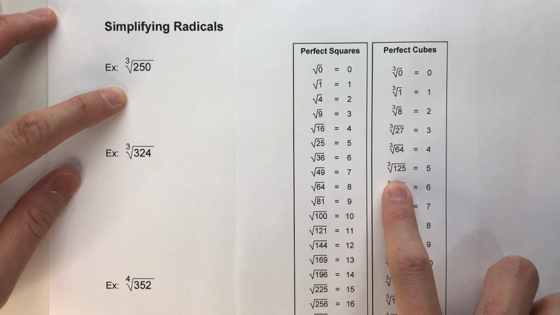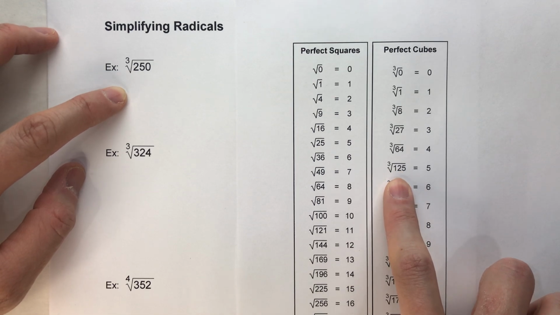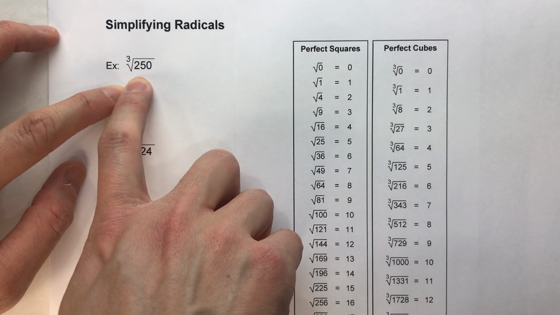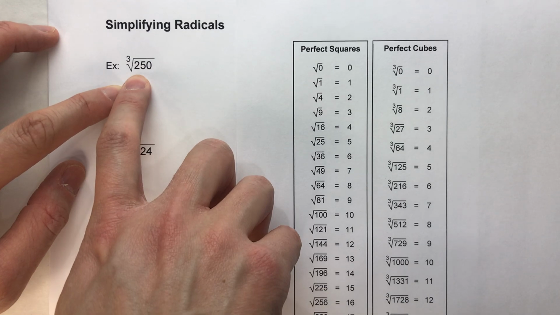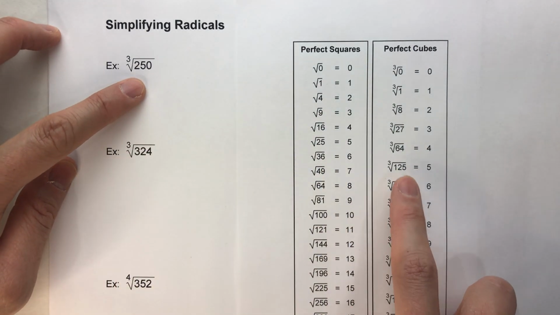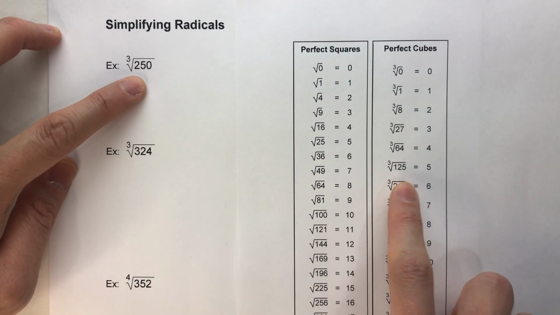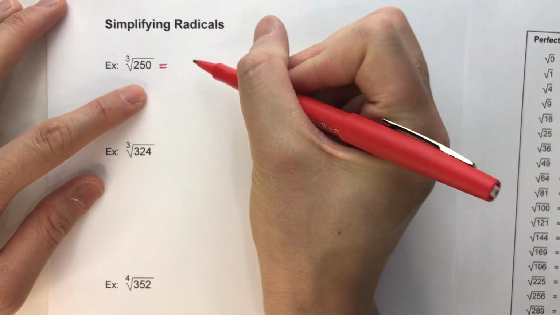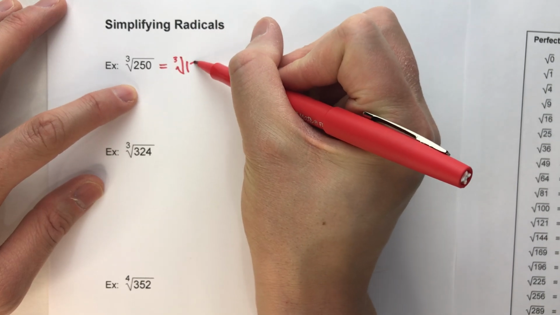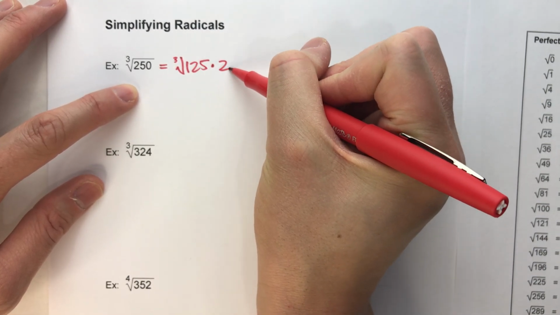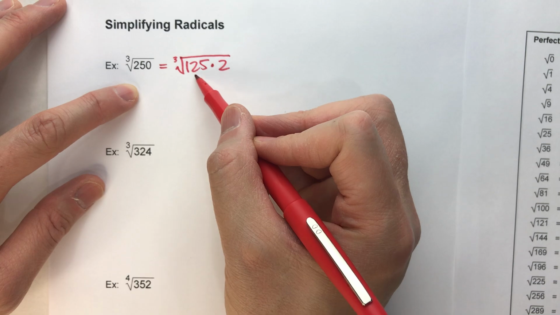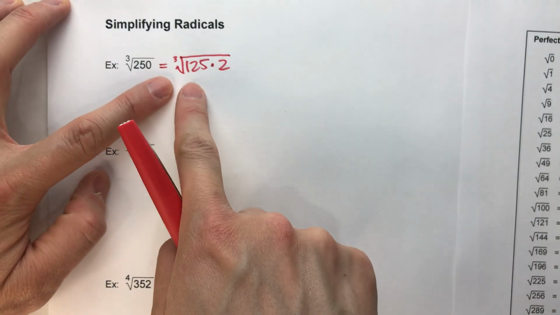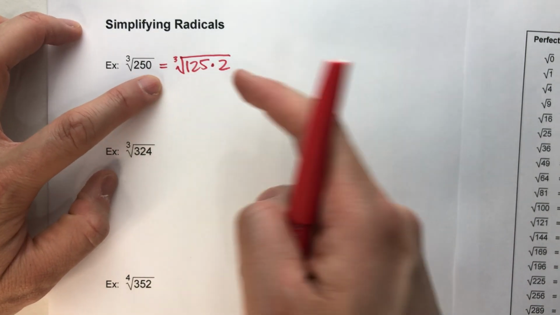I happen to know 125 is a perfect cube, and 125 goes into 250. 125 times 2 gets me 250. So what I can do is break down this cube root as the cube root of 125 times 2. Because 125 times 2 is 250, and 125 is a perfect cube.